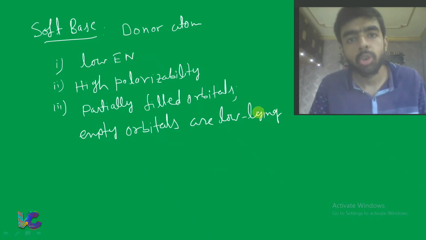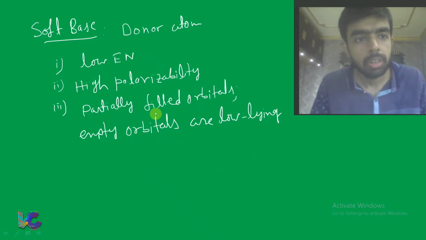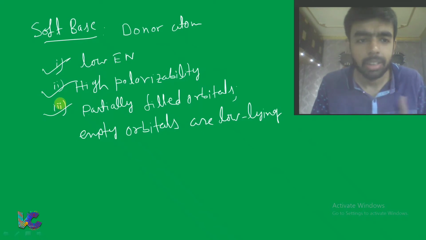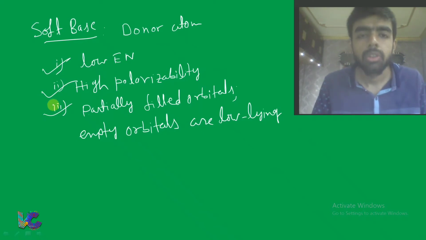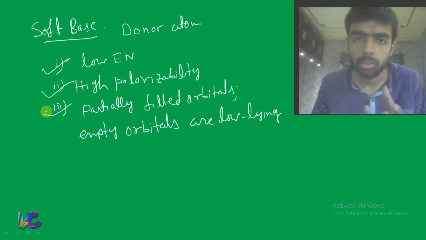The characteristics of a soft base, or soft ligand, are low electronegativity, high polarizability, and partially filled orbitals or empty orbitals, but those should be low lying.